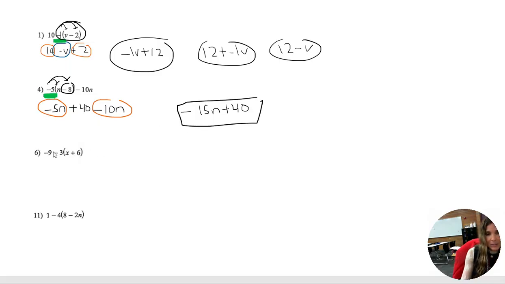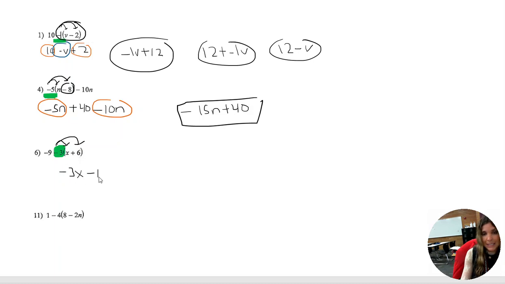Okay, the next one, we have the same kind of situation, except what I want you to realize here is that the number that is right next to this parenthesis is this negative 3, okay? That subtraction sign that's in front of the 3 makes that 3 negative. So when you distribute first, negative 3 times x is negative 3x.